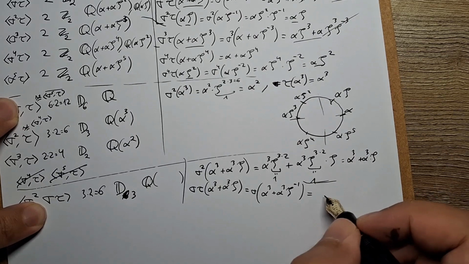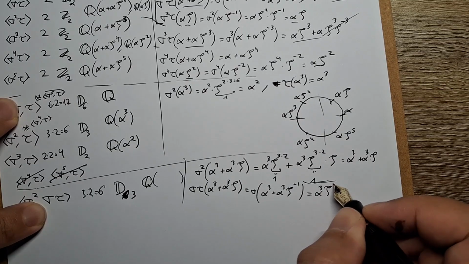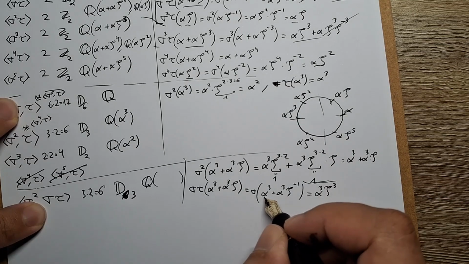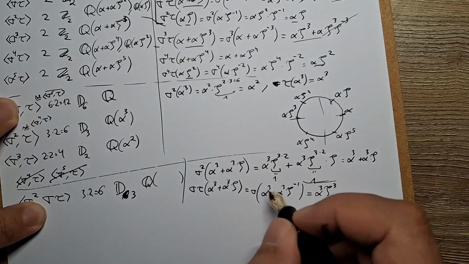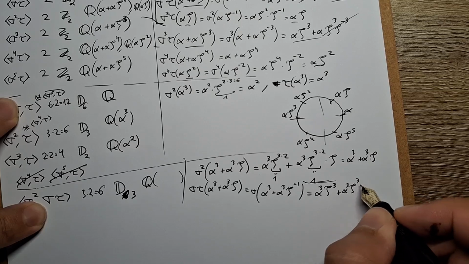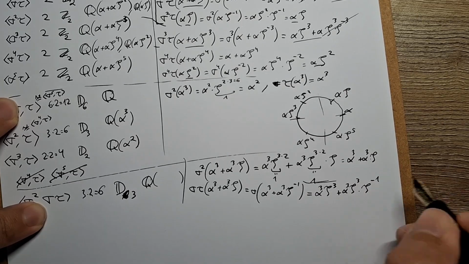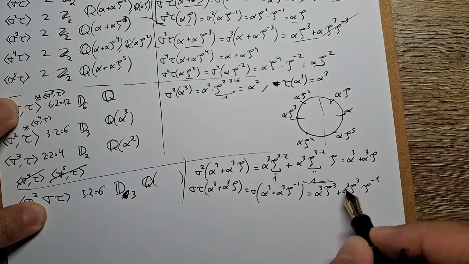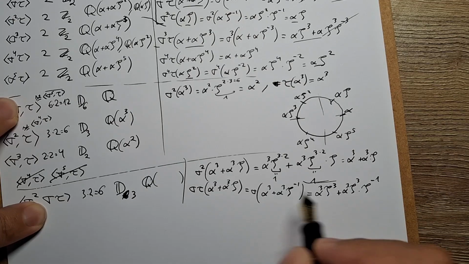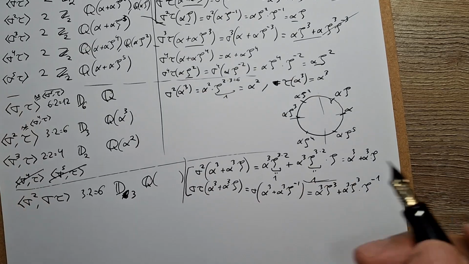This is from before. We apply sigma and we have alpha to the 3 multiplied by theta to the 3. This is just like applying sigma to alpha cube, and then here the same multiplied by sigma minus 1. This is not going to disappear. So then this is not fixed by this Q-automorphism. So this is not what we want.